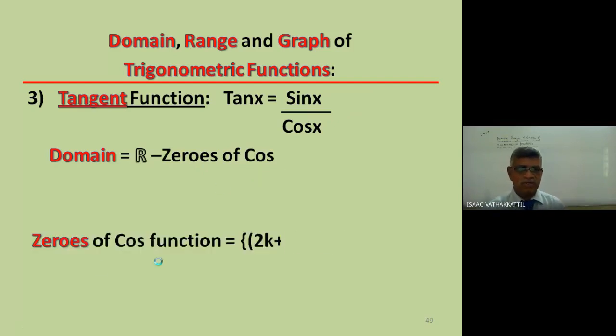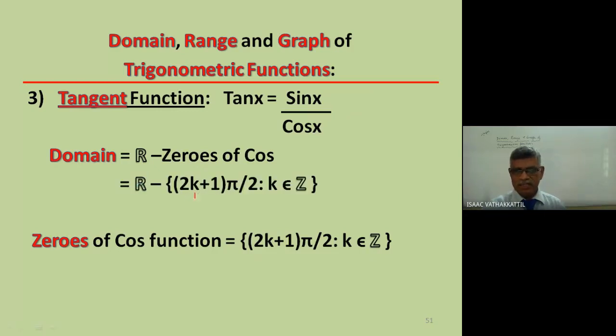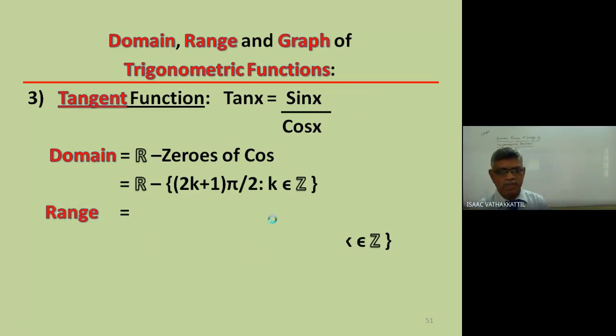You can recollect the zeros of cos function we have seen on the previous page: odd multiples of pi by 2, that is (2k plus 1) pi by 2, k belongs to Z. So the domain of tan function will be the set of real numbers R minus the set of (2k plus 1) pi by 2, k belongs to Z.